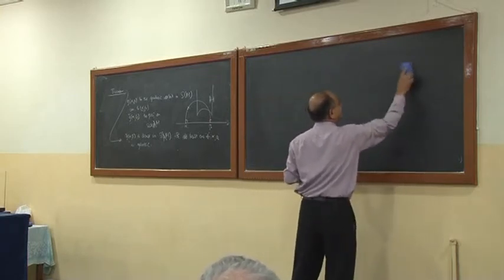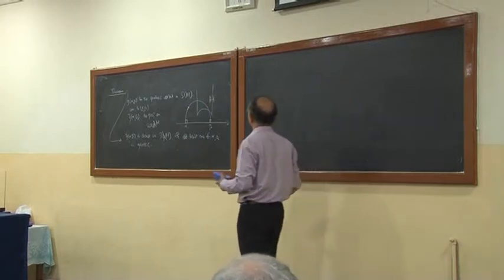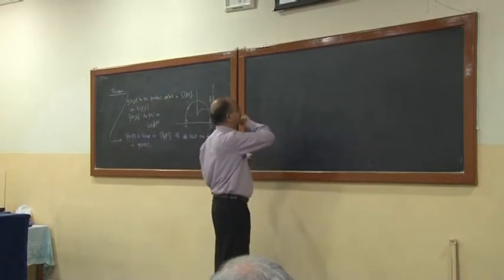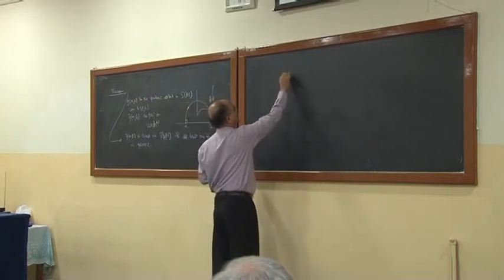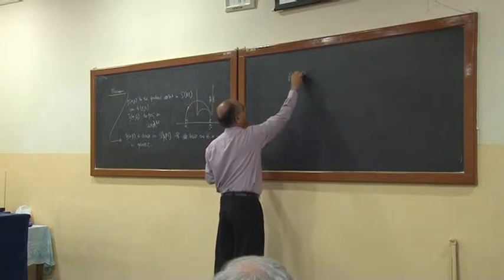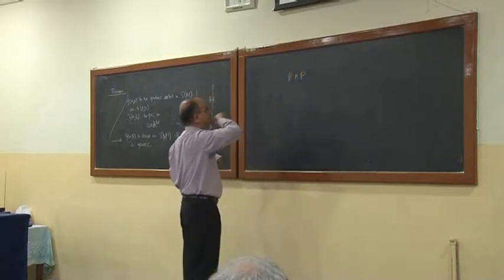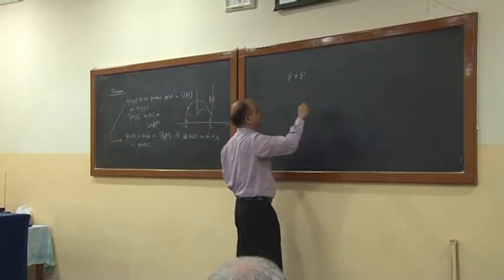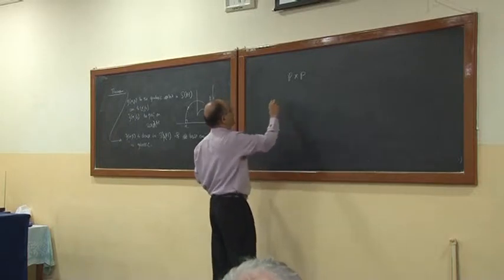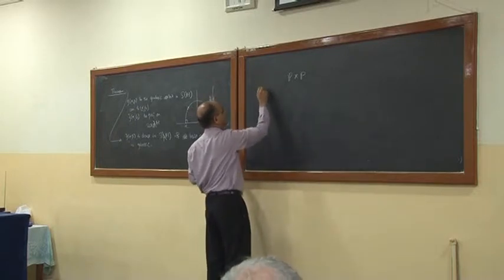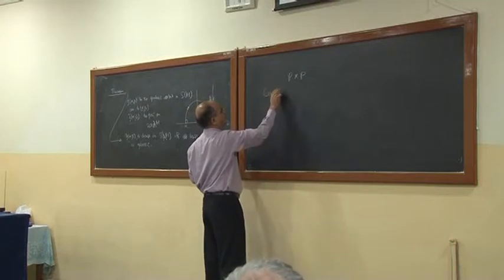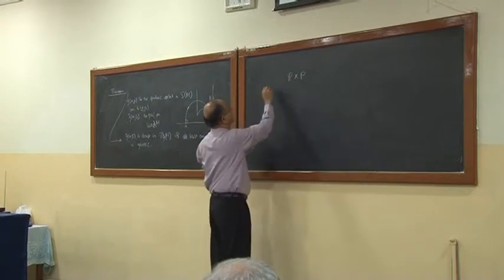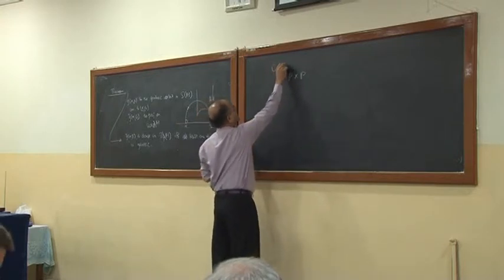So let me now put this in a slightly different perspective, more with homogeneous spaces. The thing that I'm going to look at is P cross P, where P is the one-dimensional projective space, and consider the action of G equal to SL2R.